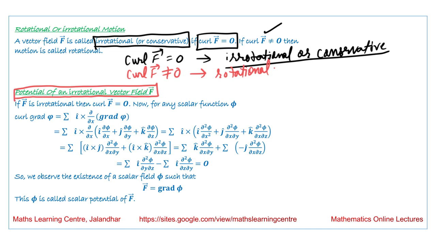So let F vector be an irrotational vector field. This implies that curl of F vector is equal to 0.